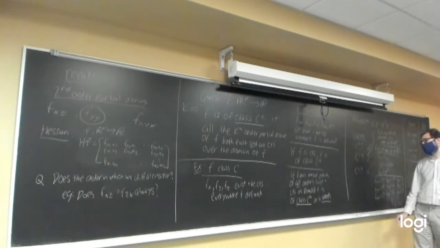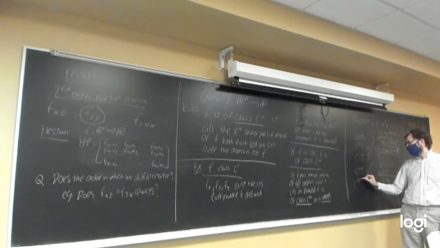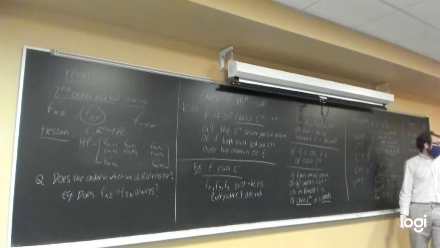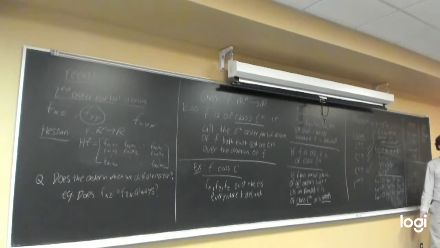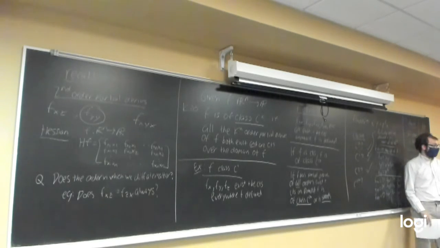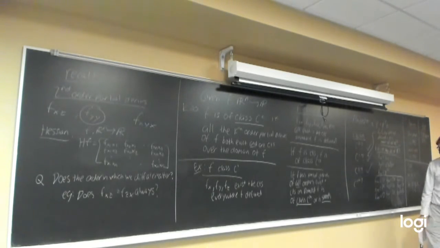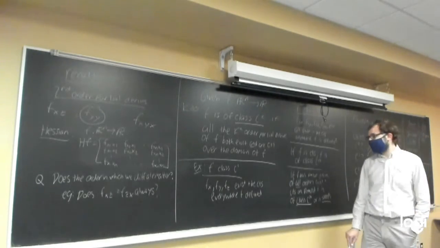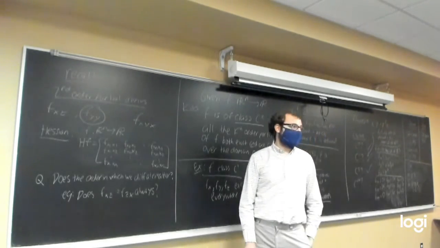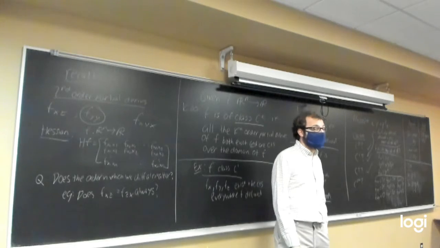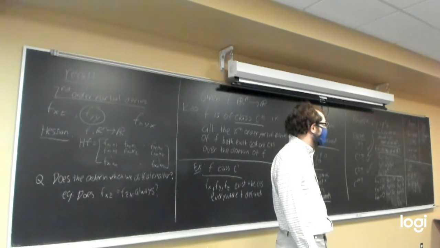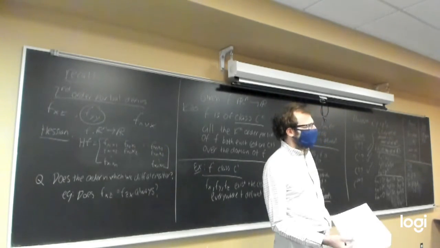So here's the real kicker. Could we keep taking partial derivatives forever? And are they always going to be defined and continuous? Meaning, is this going to be one of these so-called smooth functions? Katie, what are your thoughts?